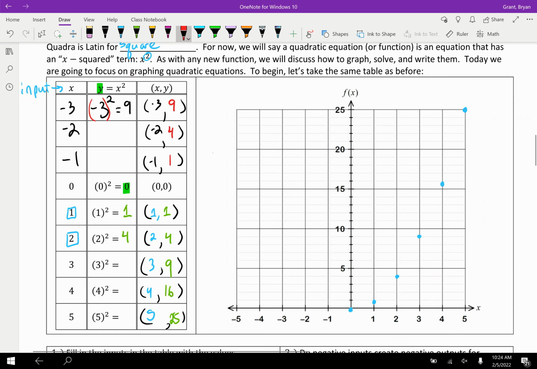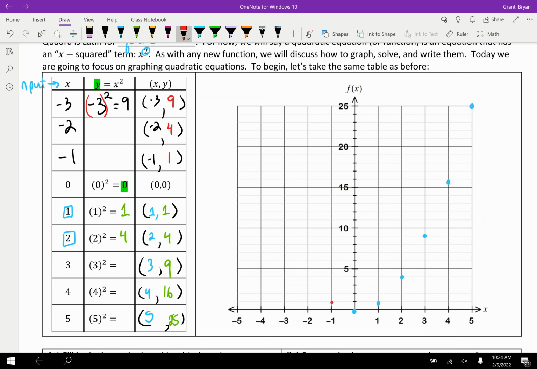I'll graph these points in red. -1, 1, -2, 4, -3, 9. And so we actually see that this graph comes down over here, like so, and actually curls like this.